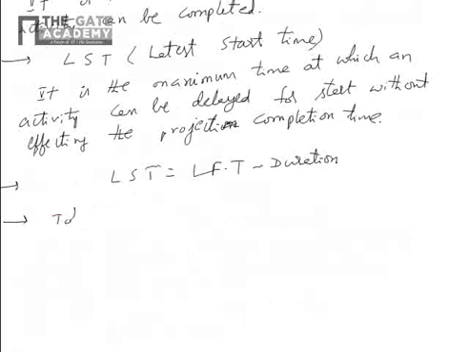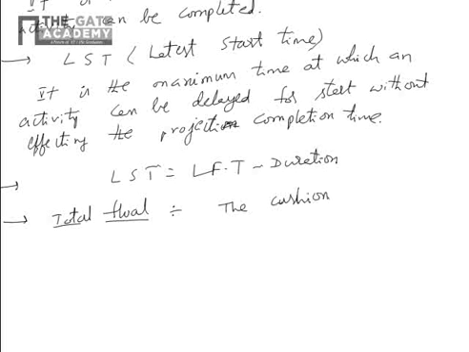Next is total float. It is defined as the cushion time that is available for an activity.